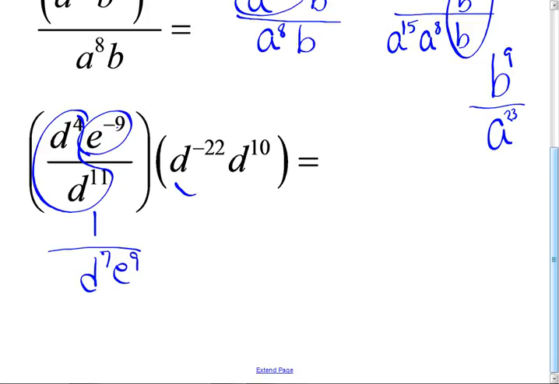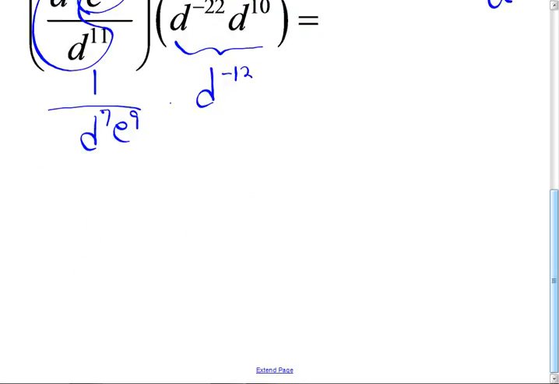What's that going to be? Now, you remember what you do with exponents when you're multiplying? No, you add them. So that's what? Negative 12. You're close.